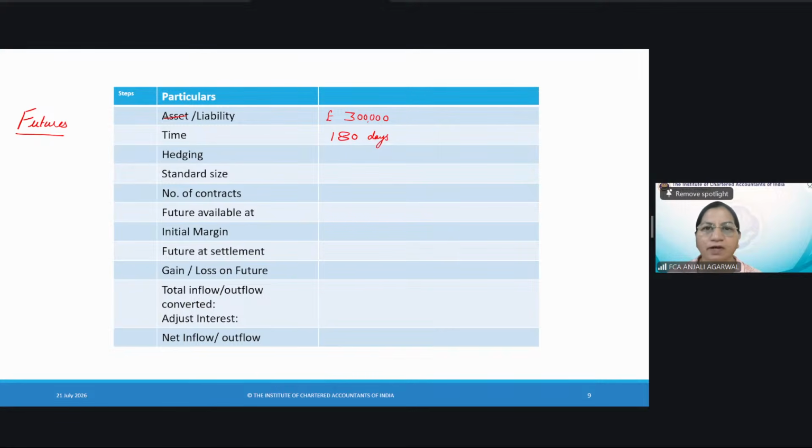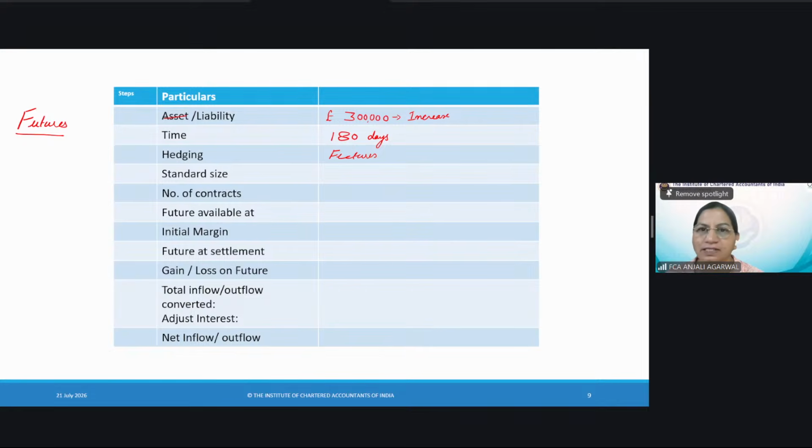Which hedging technique are we using? We're using futures. So how will you hedge? Because you have to pay the 300,000 pounds, you are fearing the price of the pounds may increase. If the price of pounds increases, you will have to end up paying more.